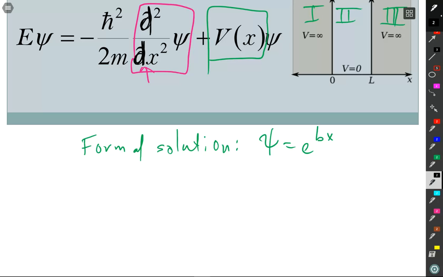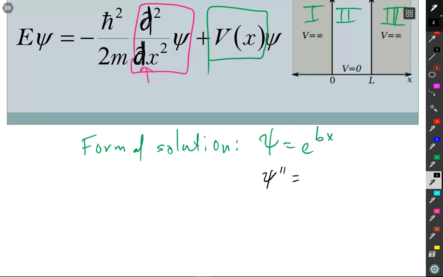So if I take the second derivative, what's the second derivative of psi here? With respect to x. What's the first derivative? X. Okay, it's actually b e to the bx, right? You bring down the derivative of the exponent. I know you were thinking the right way.